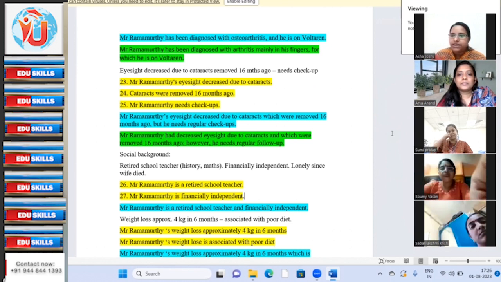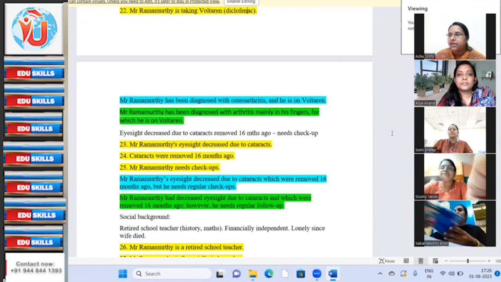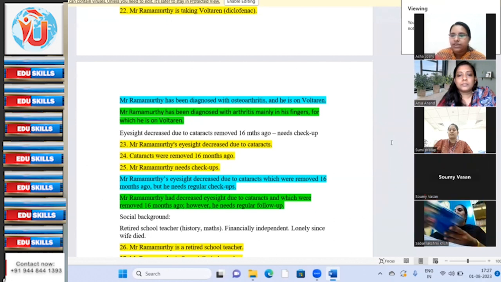Here is one compound sentence: Mr. Ramamurthy has been diagnosed with osteoarthritis and he is on Voltaren. This we can convert into a complex sentence like: Mr. Ramamurthy has been diagnosed with arthritis mainly in his fingers, for which he is on Voltaren.